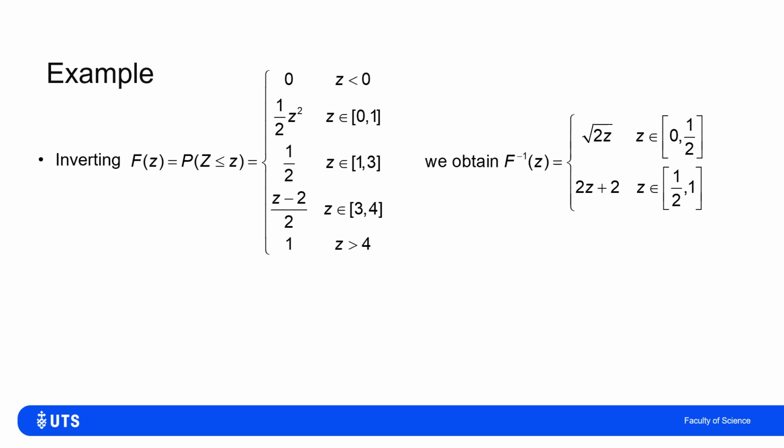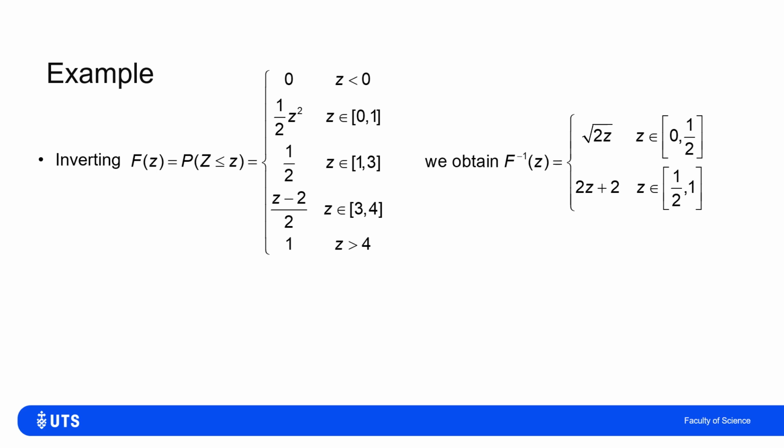If I pick a point that's in the first half, so between 0 and 1/2, then I need to invert 1/2 z squared. So the inverse of squaring something then halving it is doubling something and square rooting it. So the inverse is the square root of 2z.